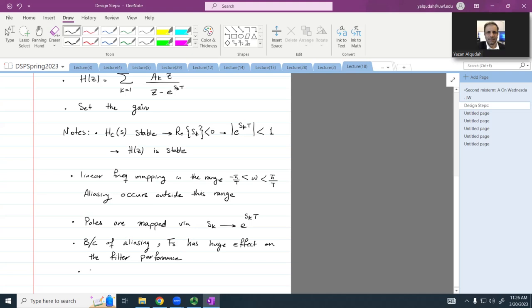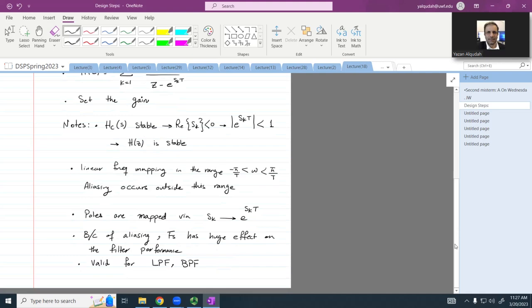And finally, we can only design a low pass and band pass filter. Okay. Any questions? Okay, let's do an example.